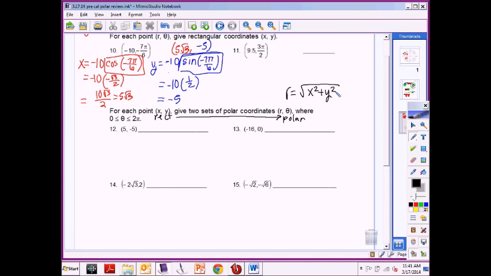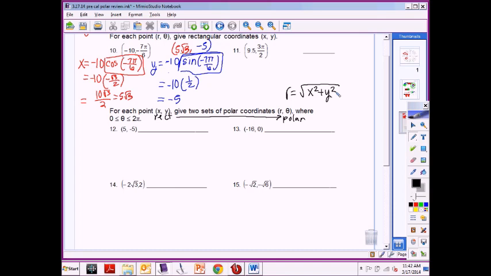Can you also do x squared plus y squared equals r squared? Yes, r squared equals x squared plus y squared, but you forget to take the square root and your answer becomes wrong.